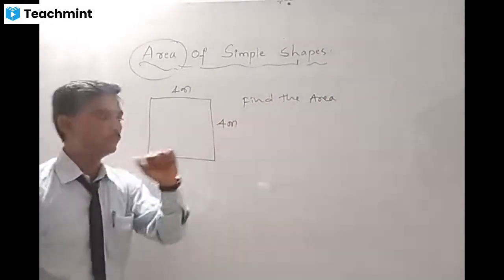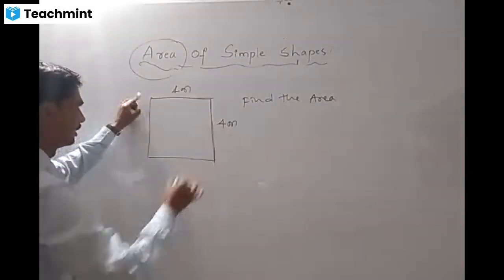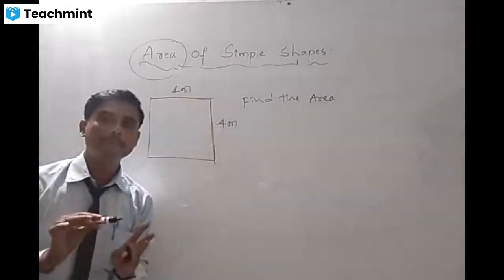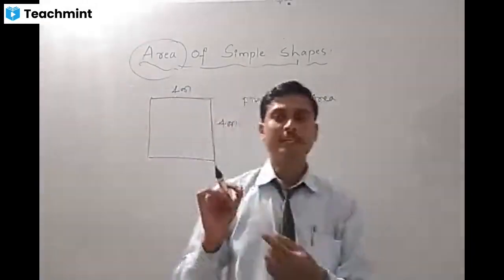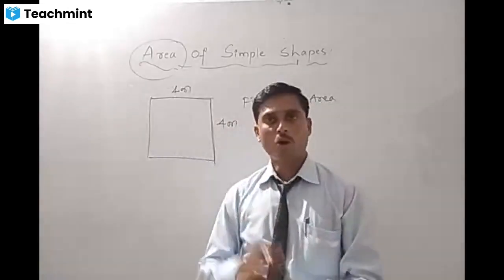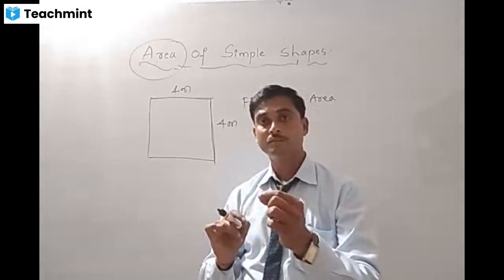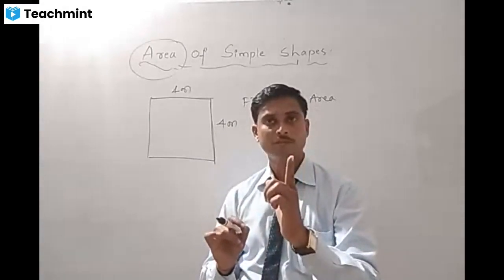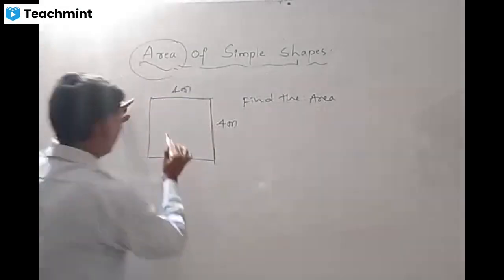Your room length is 4 meter and breadth is also 4 meter. Both sides have the same measurement. Sir, all sides the same measurement means which type of figure? That is called a square figure.